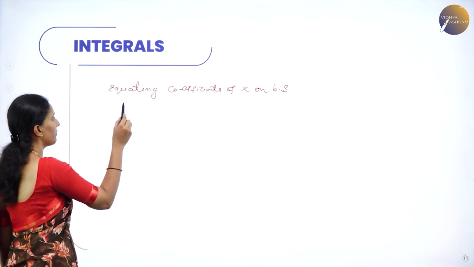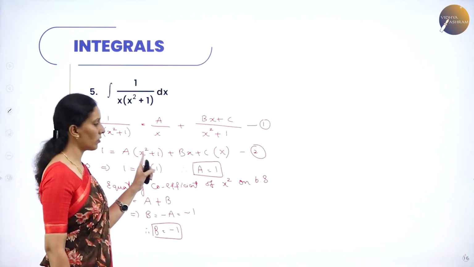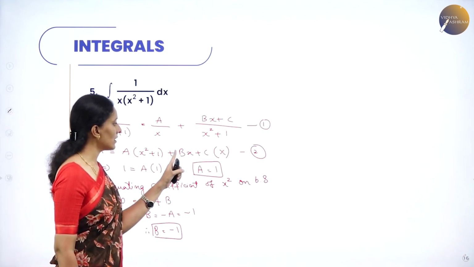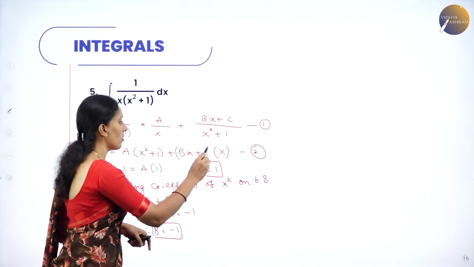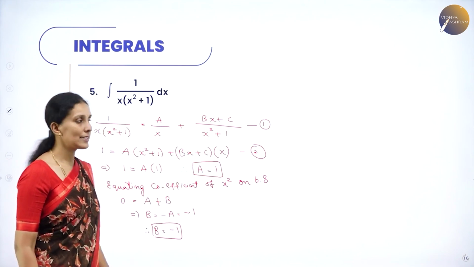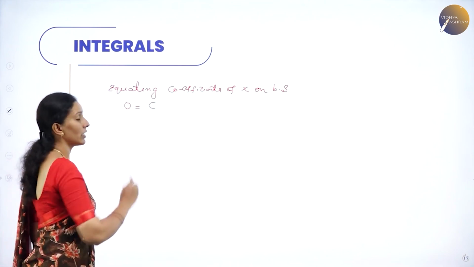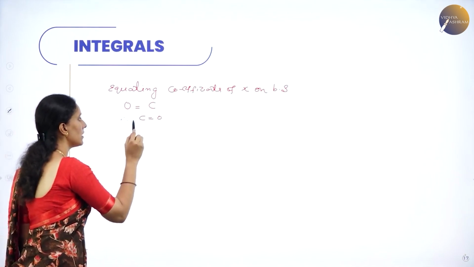No. So on the left hand side it is 0. On the right hand side it is A into x square, so this is not the coefficient of x. Next it is bx square plus cx. So bx into x is bx square, plus cx into x is cx. So the coefficient c is 0. Therefore c is equal to 0.